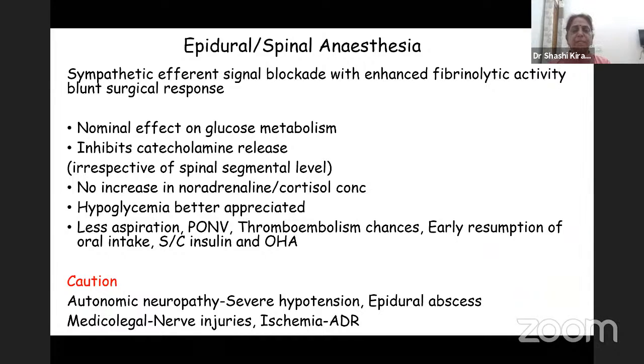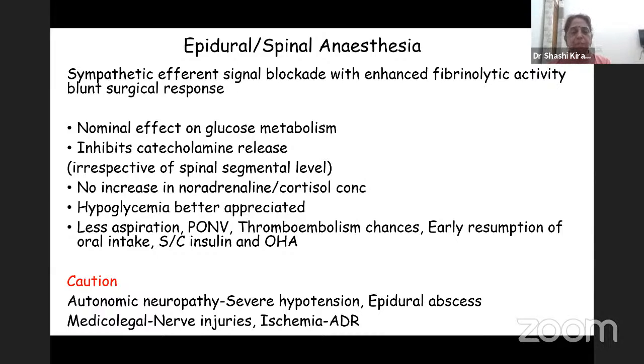There is no increase in noradrenaline and cortisol concentration. If the patients are awake, of course, hypoglycemia is better appreciated. Also, there are fewer chances of aspiration, postoperative nausea, vomiting, and thromboembolism. Patients can resume their oral intake early along with insulin and hypoglycemic agents.